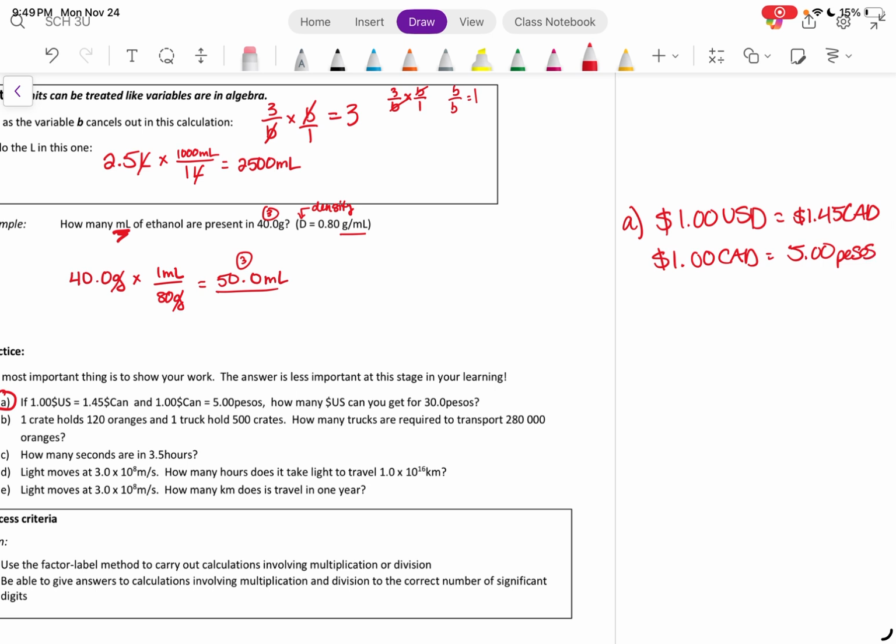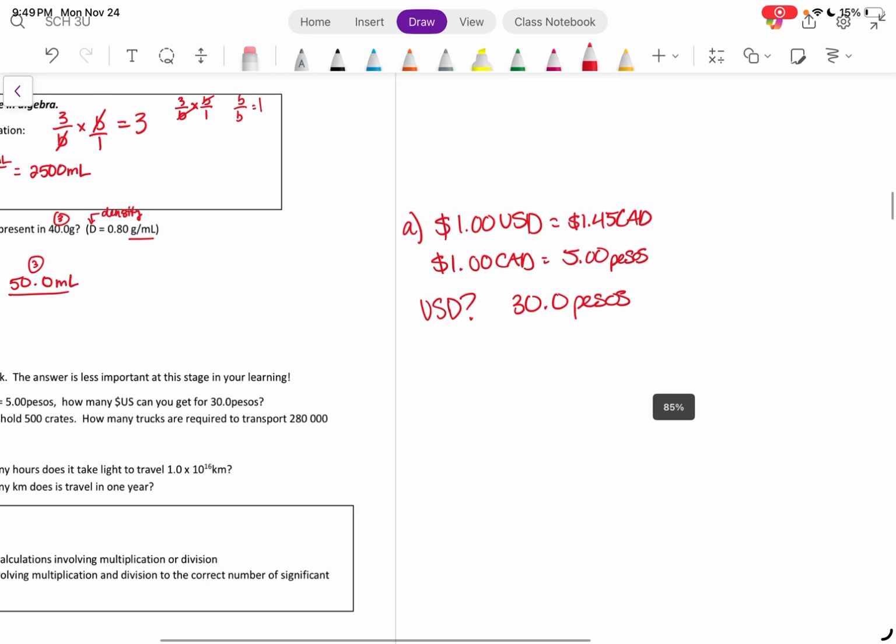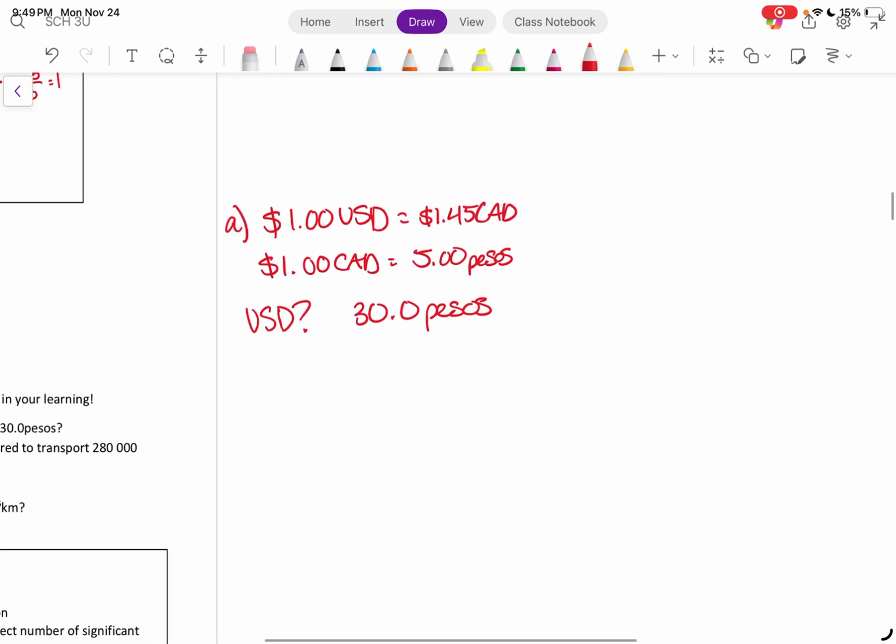Then it's asking me how many US dollars can I get for 30 pesos? So, what unit did I start with? I'm starting with 30 pesos. So I'm working from pesos to try to figure out how I can get to US dollars.